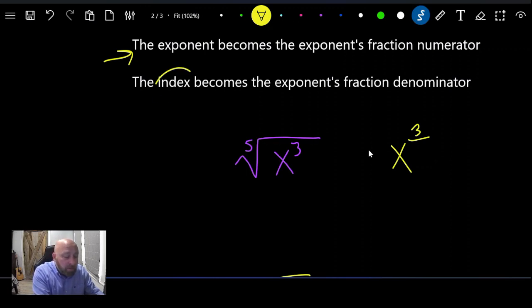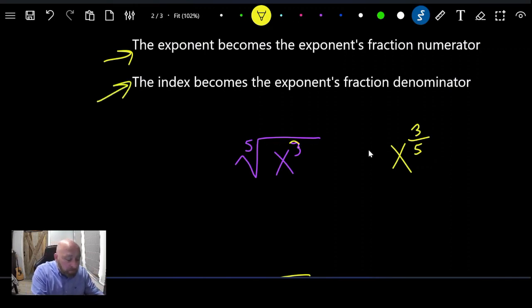And this number, the index, becomes the exponent's fractional denominator. So this would have a 5. So 3 over 5 would be the answer, and that's now an exponent. So it's x to the 3/5. Okay? And this might be like, what? What's going on? Don't really worry about what's going on as much as learning these two things.